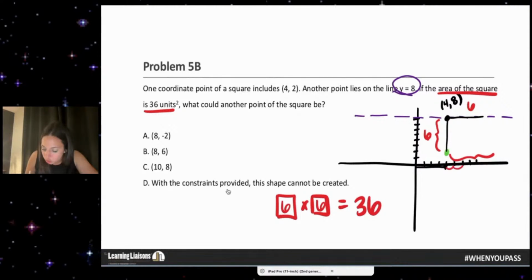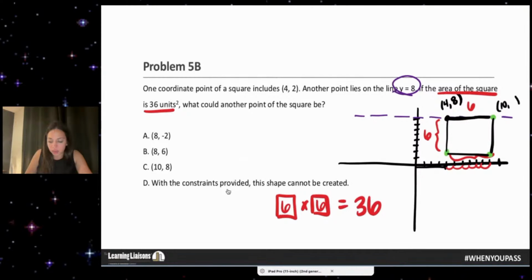1, 2, 3, 4, 5, 6. Right there. Right there. There's my square. So what are those other points? Well, what is 4 plus 6? 10, right?